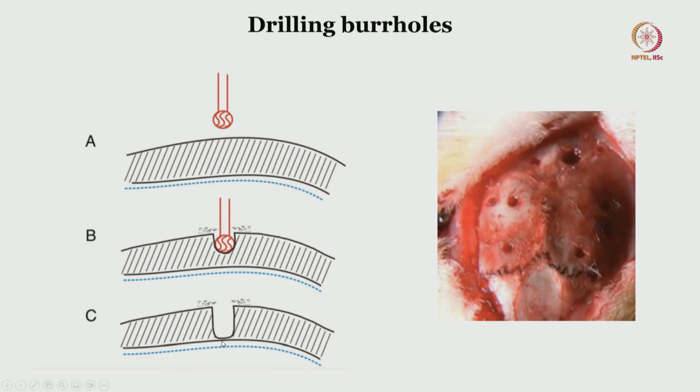Once the inner table is breached, you will feel the loss of resistance, or you can even use the microscope, and with continuous irrigation and suction you can visualize the inner table. If it is a mouse, you can even see the dura, which is very thin and transparent, and you can see the cortical surface with blood vessels, and that is the time you stop.